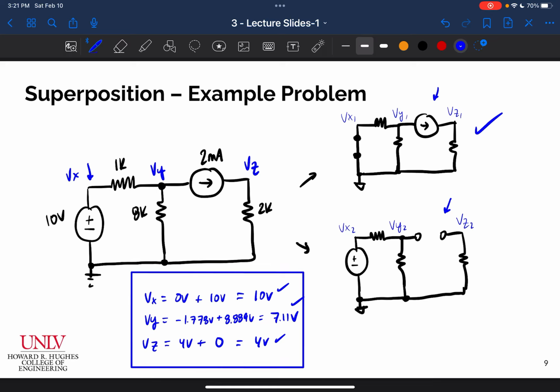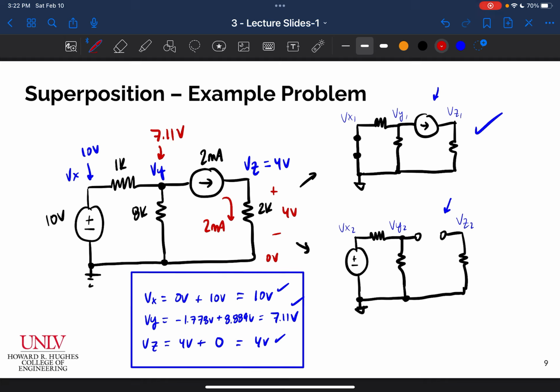Vx is 10, which we can see by inspection from the beginning of the problem. Vz is 4, which we can also see by inspection. 2 milliamps times 2K gives me a 4 volt drop. We know this is ground, so that makes sense. And then Vy, you could solve using nodal analysis if you really wanted to prove it to yourself, but superposition tells us that Vy is 7.11 volts.